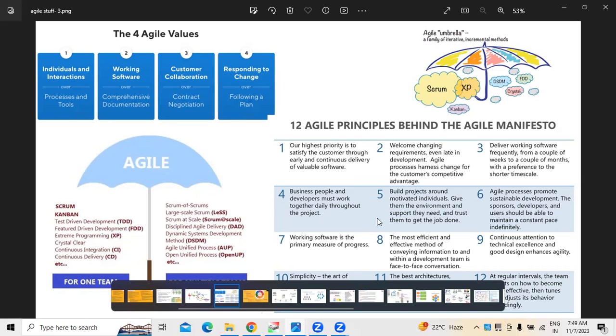Somebody follows Scrum, somebody follows Kanban, somebody follows XP, somebody follows DSDM. End of the day, everybody should be under Agile value systems. There shouldn't be any deviation in that.